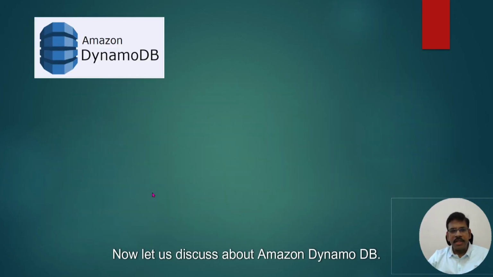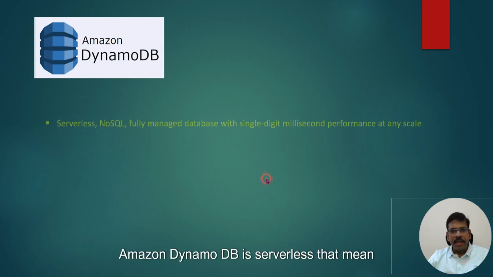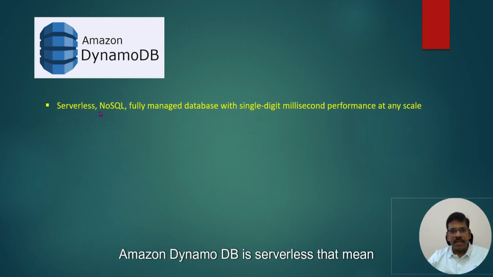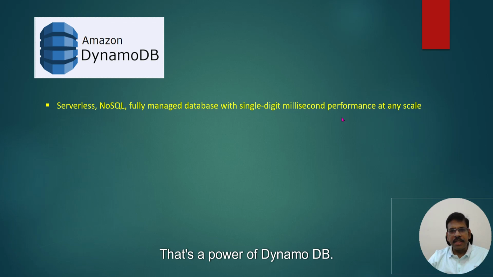Now let us discuss Amazon DynamoDB. Amazon DynamoDB is serverless. That means you don't have to manage any server at all. It's a NoSQL type of database. It's a fully managed database with single digit millisecond performance. At any query, you get it in single digit millisecond. That's the power of DynamoDB.